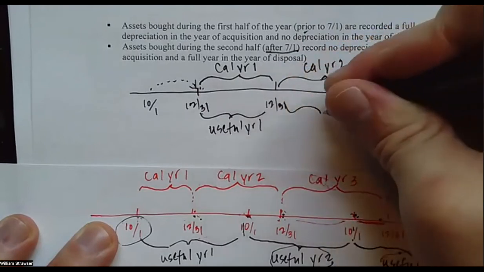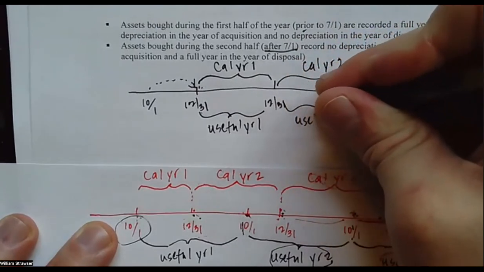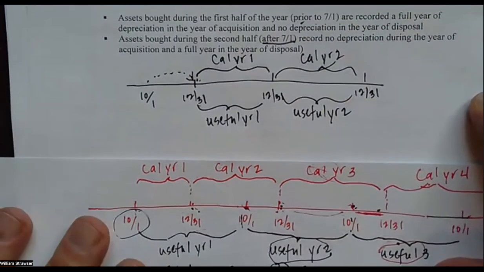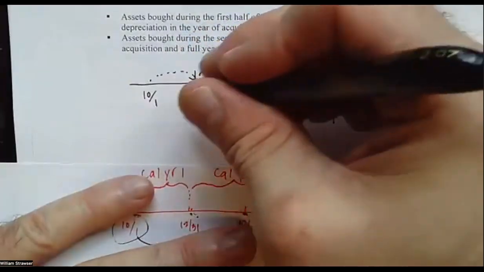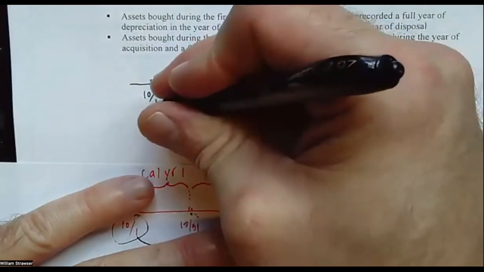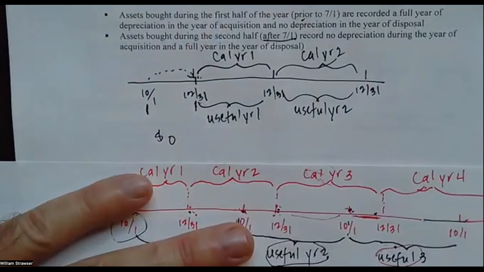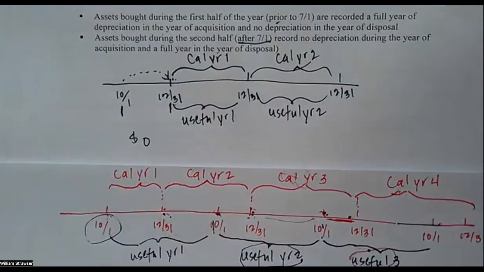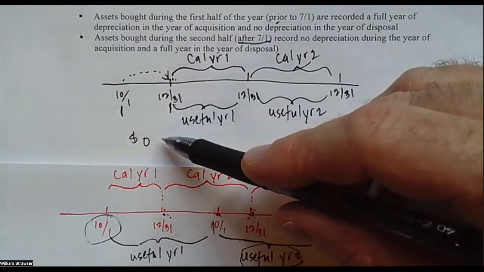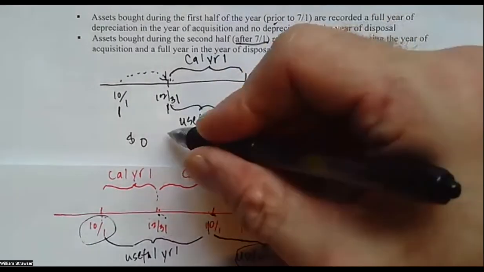This is where I would have my useful year 2 estimates. So now we would recognize $0 of depreciation in this year, even though I acquired it on 10/1, under the modified half year convention. I assume I didn't buy it until 12/31, so there's no depreciation expense to recognize.